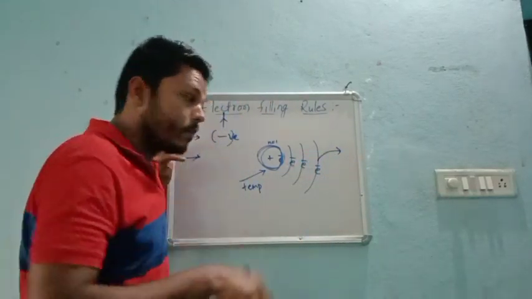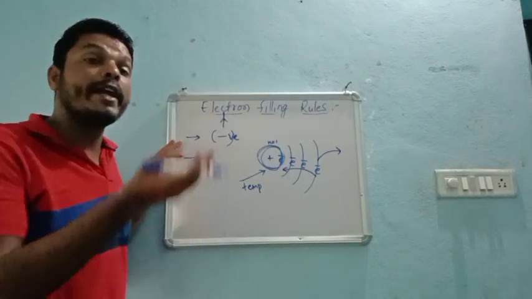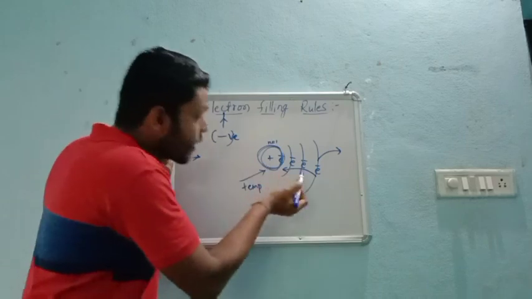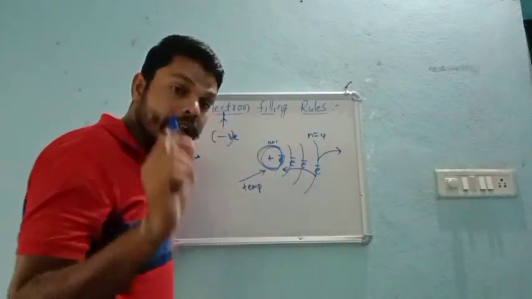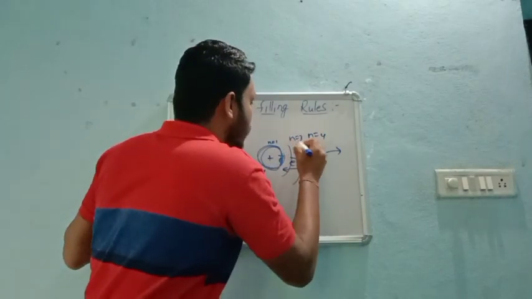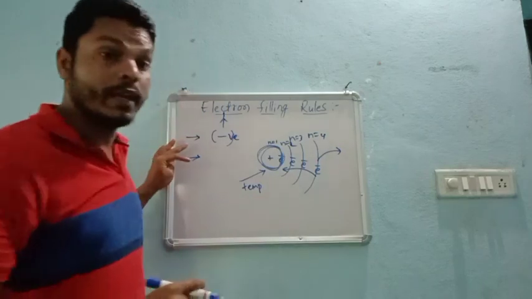If it decreases its energy or loses its energy, then definitely it might come back to another energy level. That means an electron in n equals 4 may come to n equals 3, or n equals 2, or n equals 1. This is a very important point.